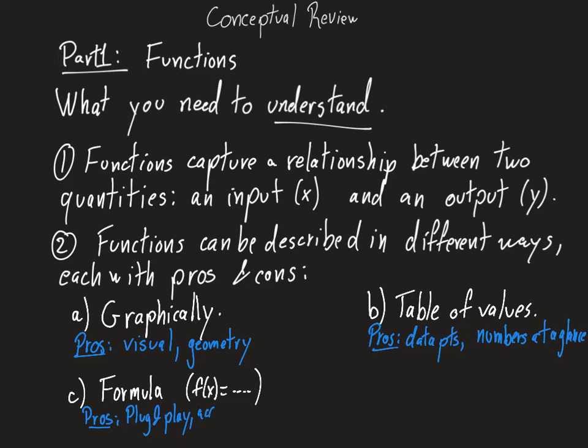It is accurate. And it is easily manipulated. So for example, if we're taking derivatives or integrals, oftentimes having the function in the form of a formula is the easiest and most straightforward way of working with it. That's the way you want to do this.